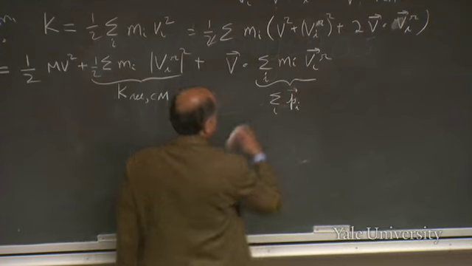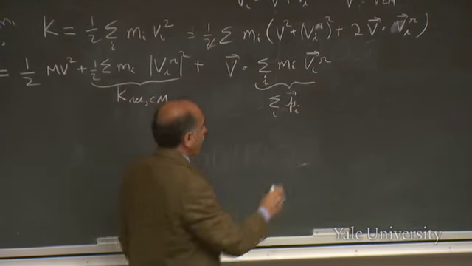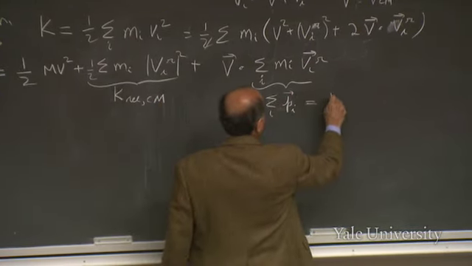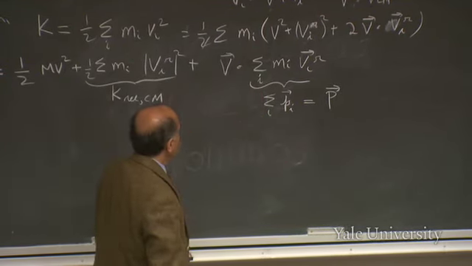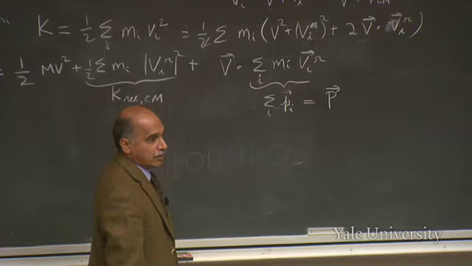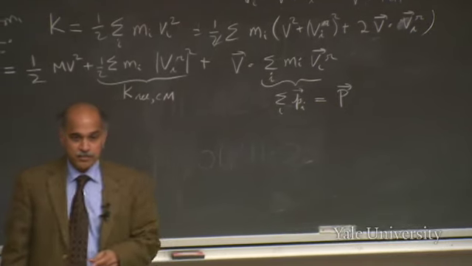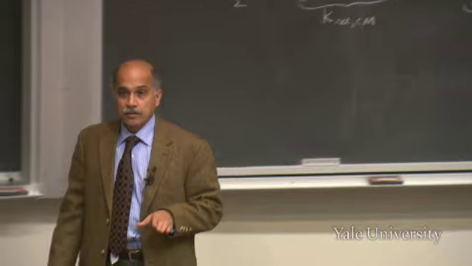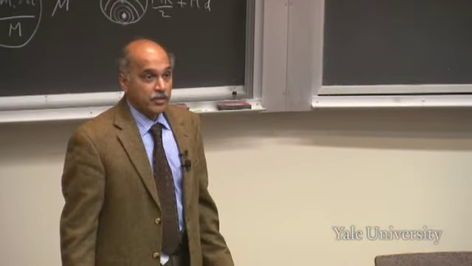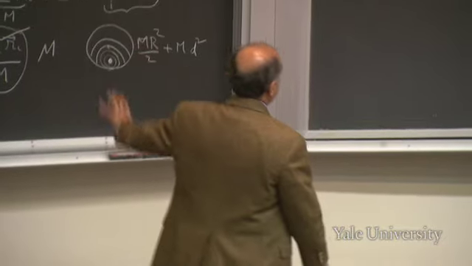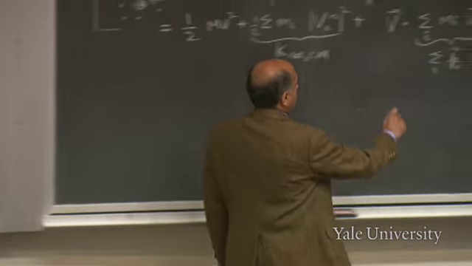But if you go back to your notes, you'll find the sum of the momenta of all the particles is the momentum of the center of mass. But it's the momentum of the center of mass as measured by a person co-moving with the center of mass. So what will that person get? Will get 0. That's the same trick as before. For that reason, this vanishes.